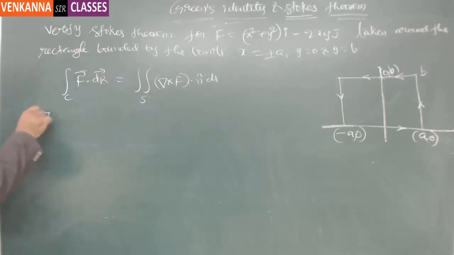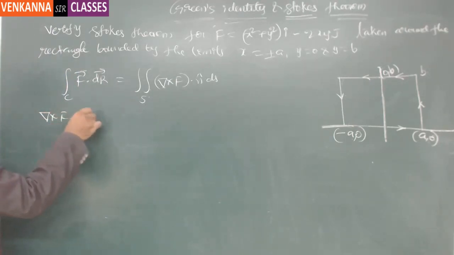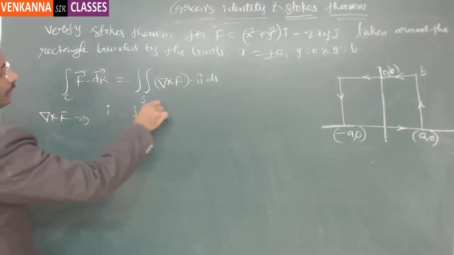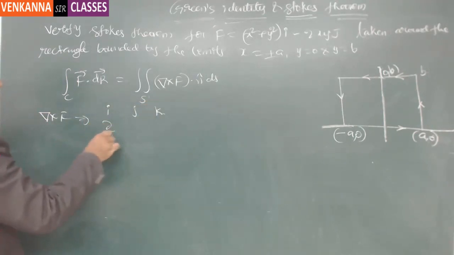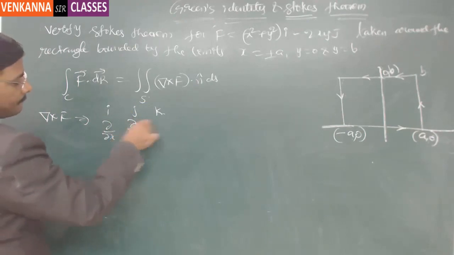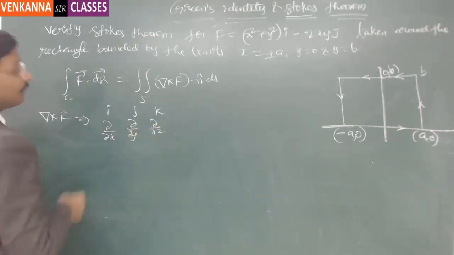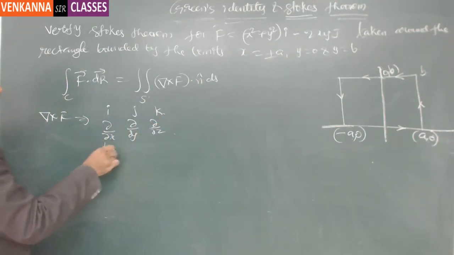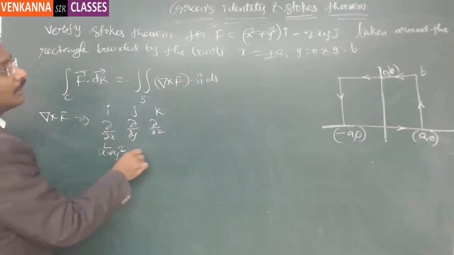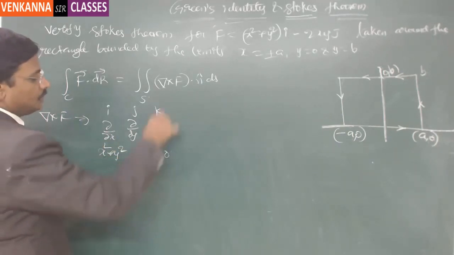F first. So del cross F is nothing but the determinant with i, j, k, del by del x, del by del y, del by del z, and then correspondingly x square plus y square, minus 2xy, and 0.